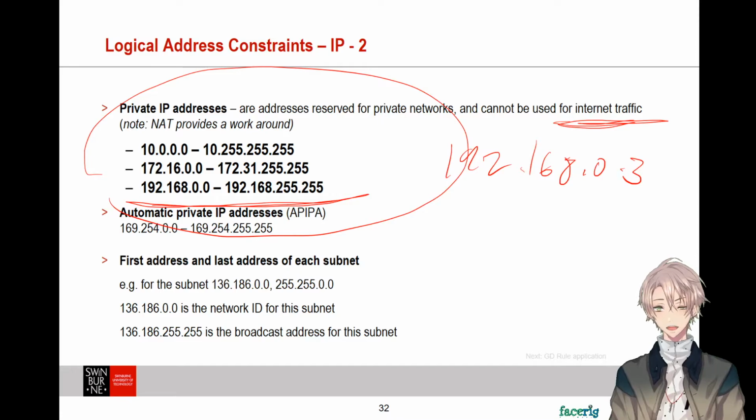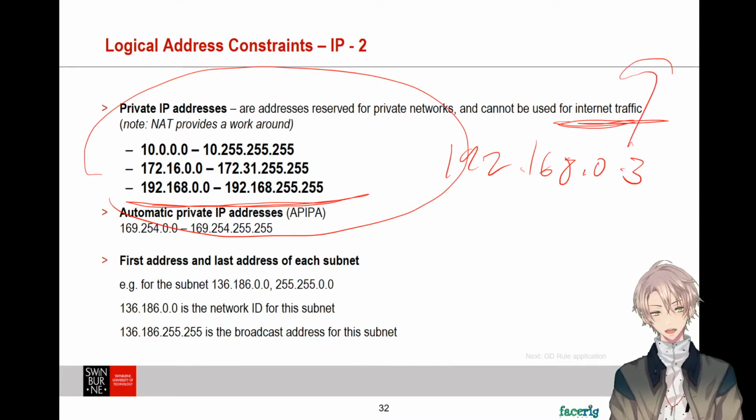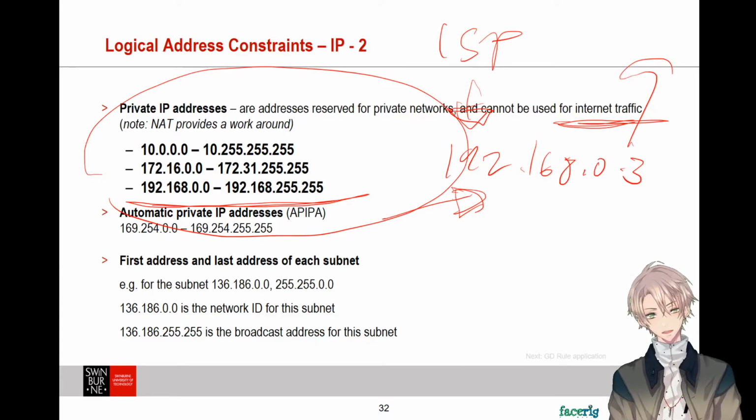And then you wonder why can I go to internet if my ipconfig says my IP address is this? You can go to the internet because your ISP has given you a public IP address. So if you want to check your real IP address when you're browsing online, you can just Google what's my IP.